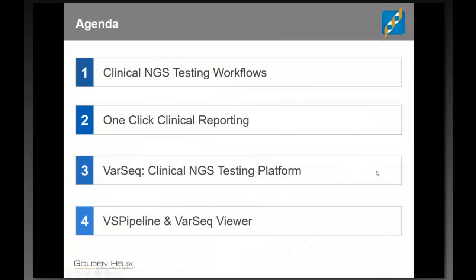So to give you a quick outline of what we'll be covering, in very short time, I'd like to actually give you a feel of what VS Reports looks like. So what VarSeq looks like in this clinical setting. From the context of if I was a lab tech, MD, pathologist, and I was using VarSeq to do my job, what does that final step look like?